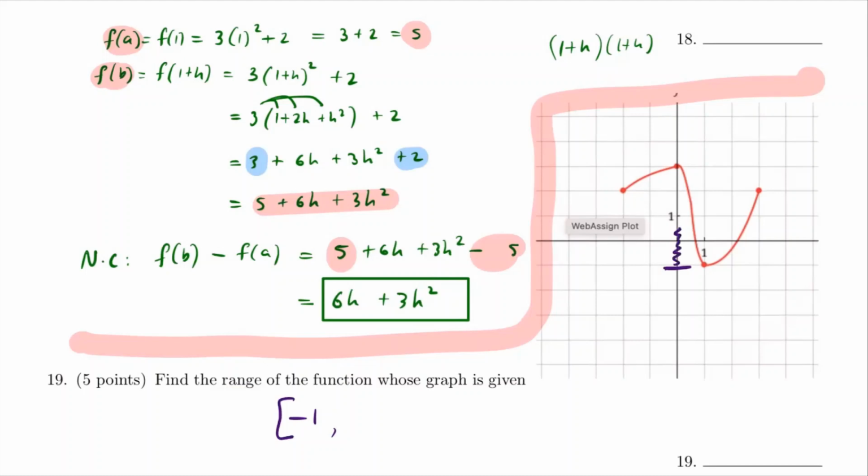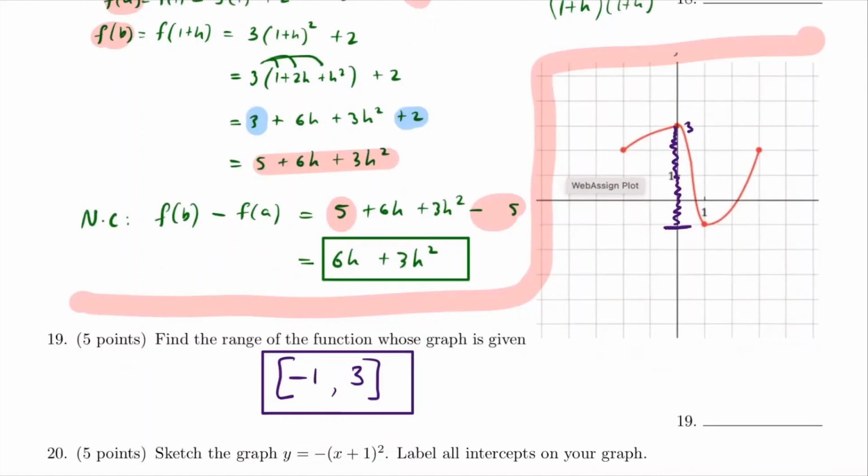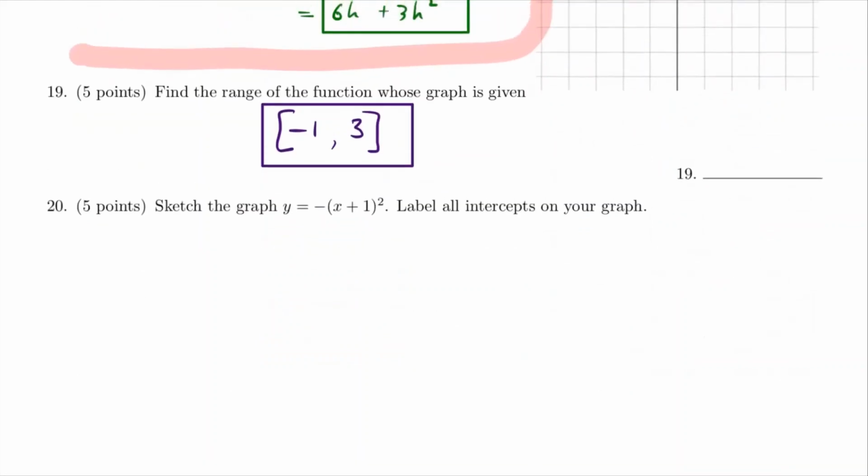And we're going to go all the way up to the highest value, because the graph exists left to right. The highest value we see is 1, 2, 3. It's scaled by 1. So we want -1 to 3. That will be the range of this graph, and they're both included.